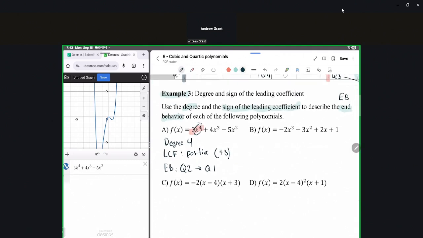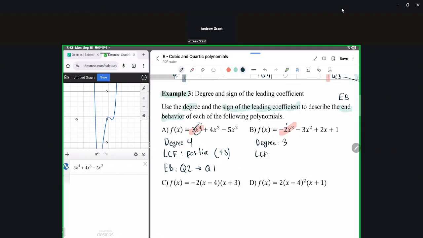For letter B, we have f of x is equal to negative 2x to the power of 3 minus 3x to the power of 2 plus 2x plus 1. So we can see here that this has a leading term of negative 2x to the power of 3. And so the degree on this thing is going to be a 3.